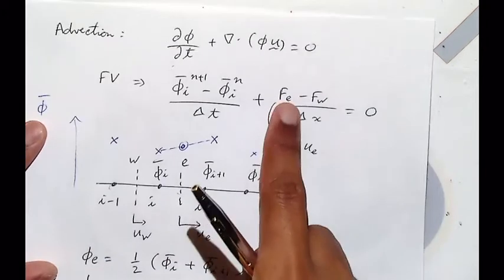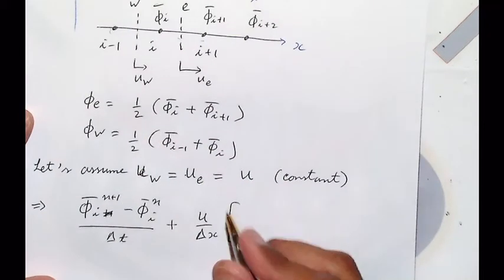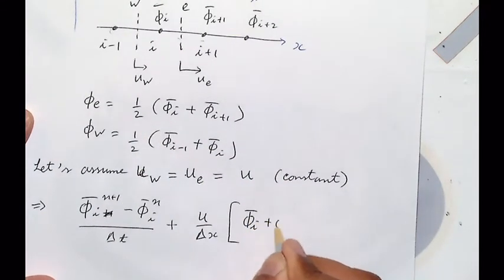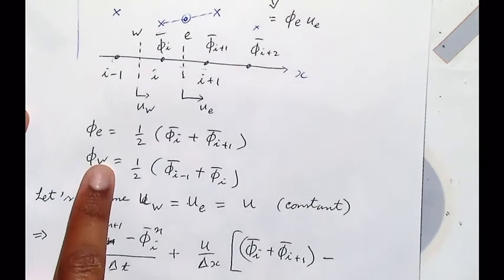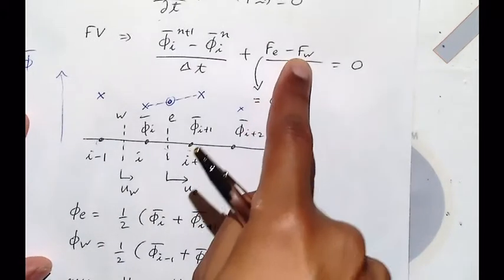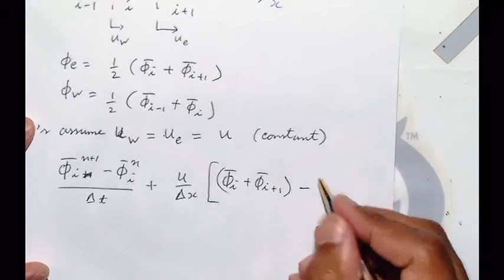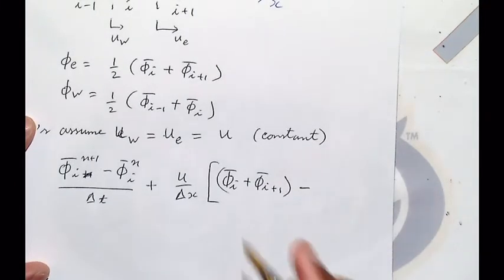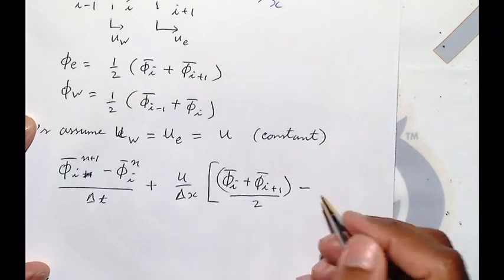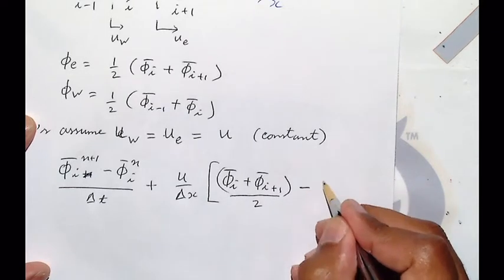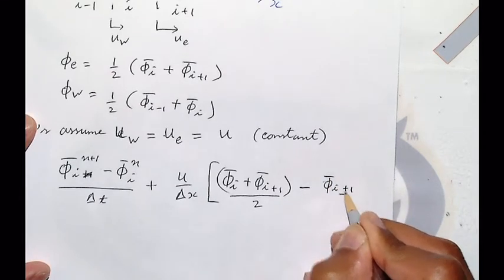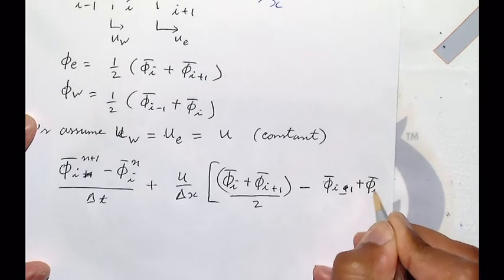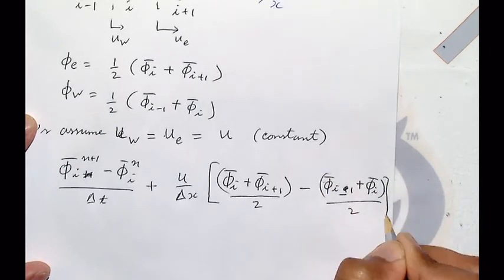φ_e goes to F_e, so we get (φ̄_i plus φ̄_(i+1))/2, minus φ_w goes to F_w. Okay, so of course there's a 2 divided by 2. And this is (φ̄_(i−1) plus φ̄_i)/2.